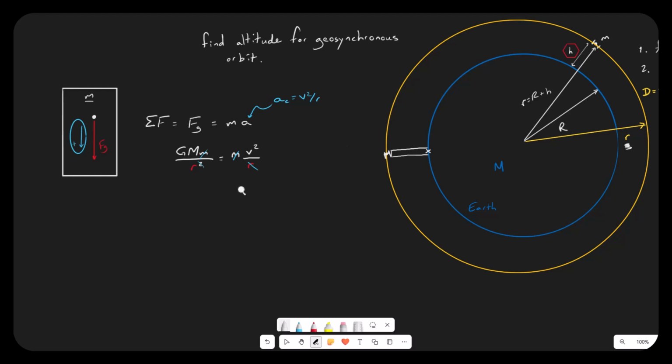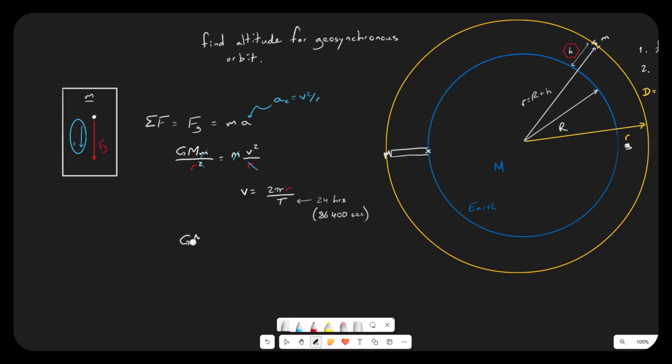So my speed is going to be 2 pi r divided by T, where T is 24 hours for the Earth, so 86,400 seconds. Cool. I've got enough information now.